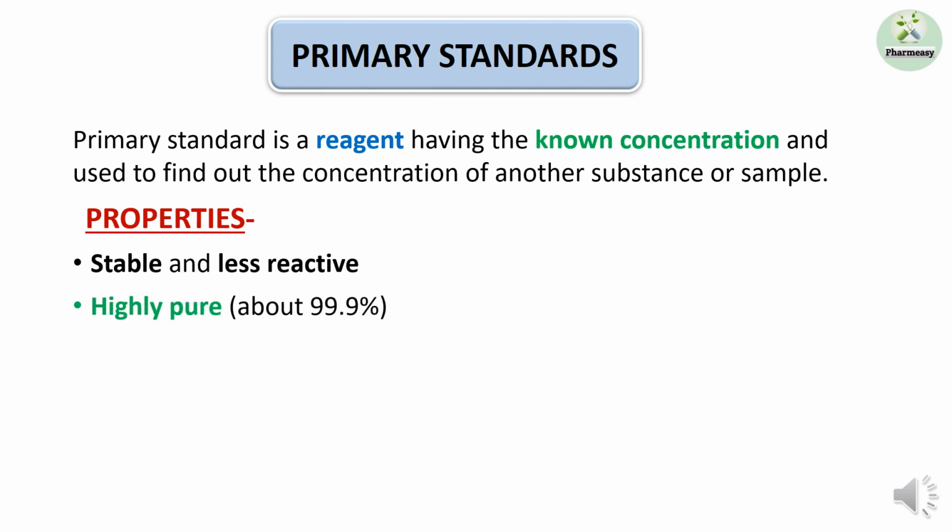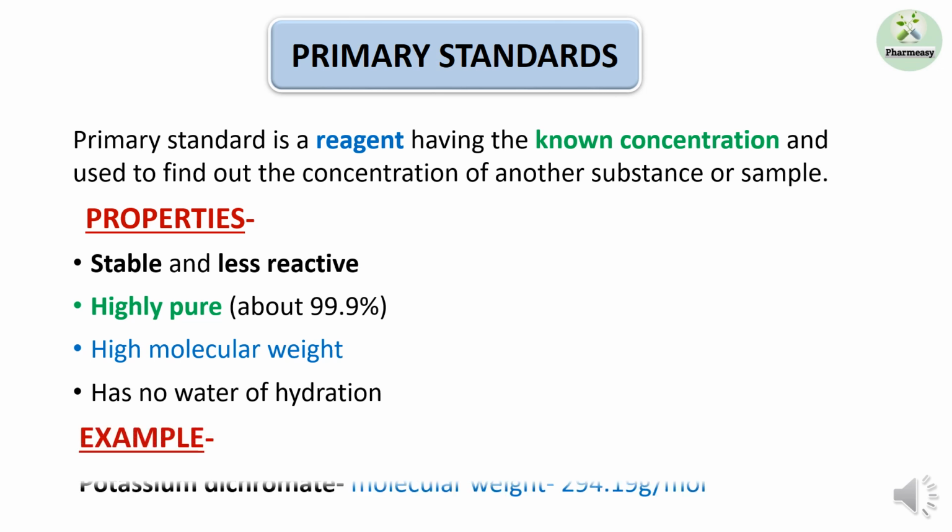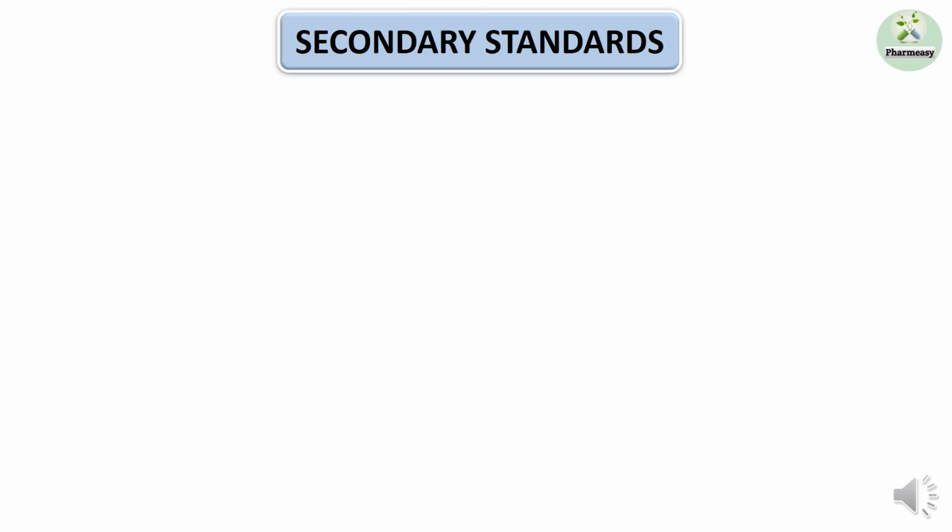Highly pure, and its purity is about 99.9%. Molecular weight of a primary standard solution is generally high, and it has no water of hydration. For example, the molecular weight of potassium dichromate is 294.19 gram per mole.